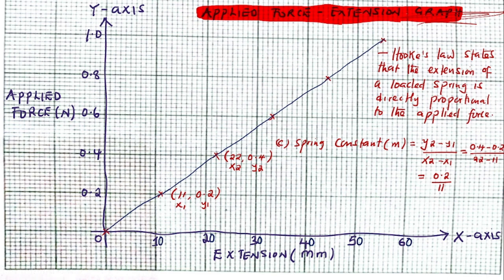When you divide 0.2 by 11, it's going to give us 0.018, which when you round it off, it's going to be 0.002 there as the slope. So we are told that this slope is constant. We continue.